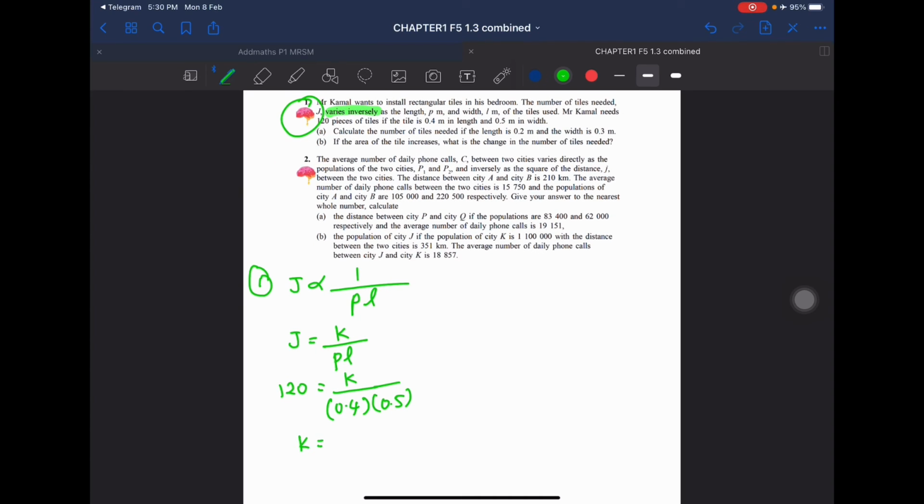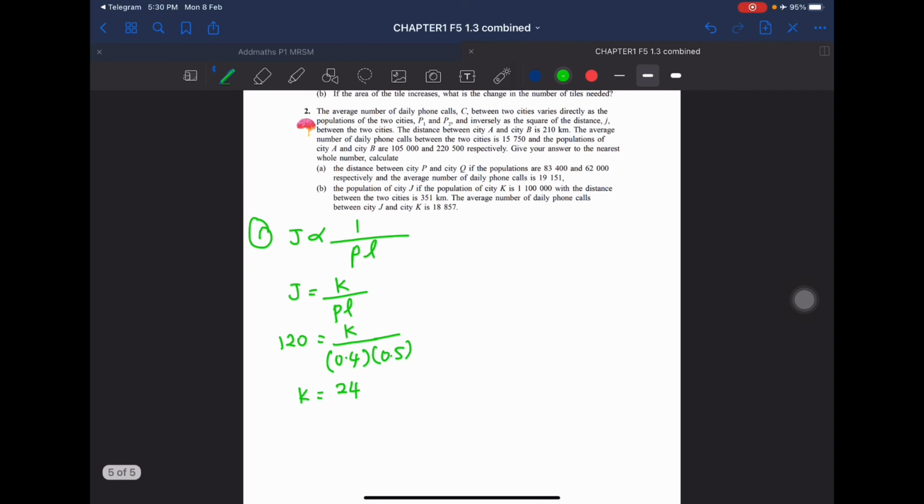So your value of K equals, press the calculator, 0.4 times 0.5 times 120, so 24. Next, substitute back the value of K into the equation, so you will get J equals 24 over PL.